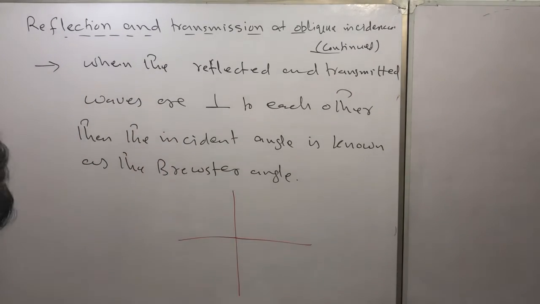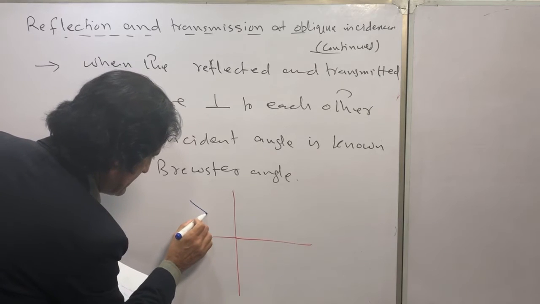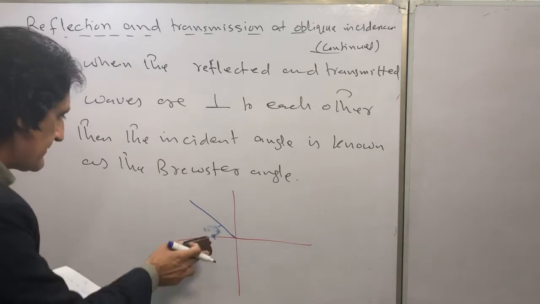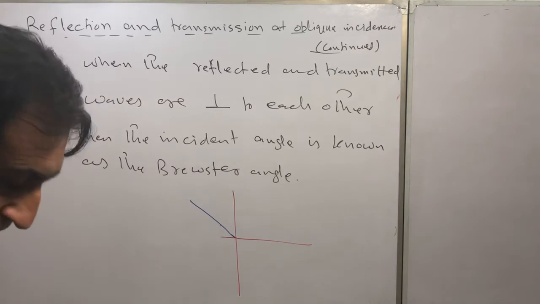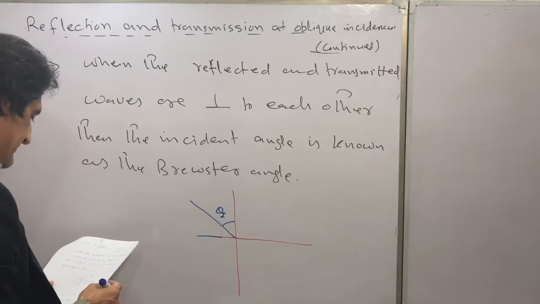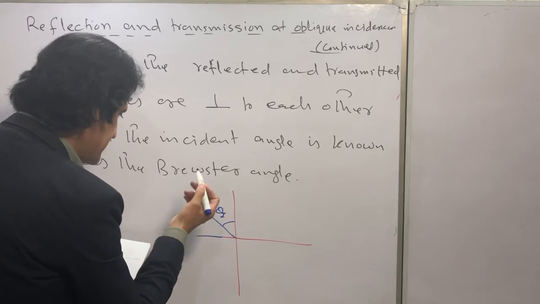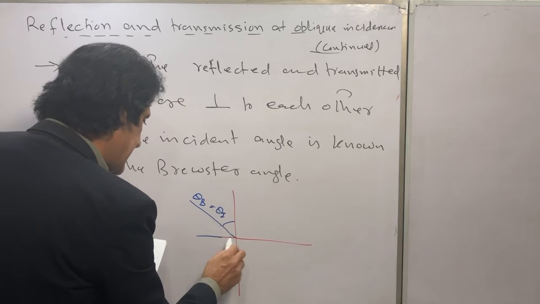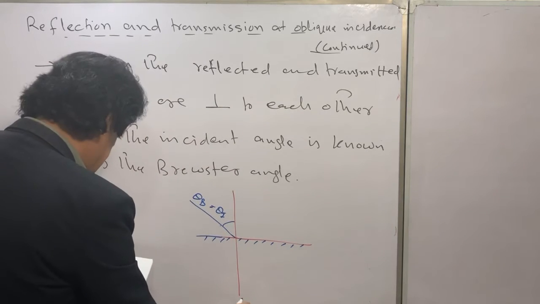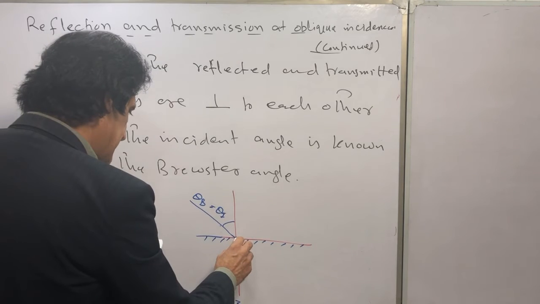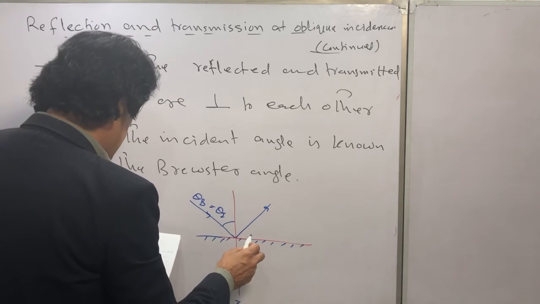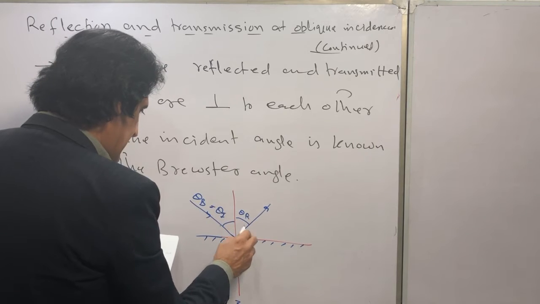If this is the incident angle theta I, which is equal to theta B, the Brewster angle, and this is a boundary, and the ray is incident, and let's suppose this is the z direction, then it can be reflected in this direction, and this angle is equal to theta r.